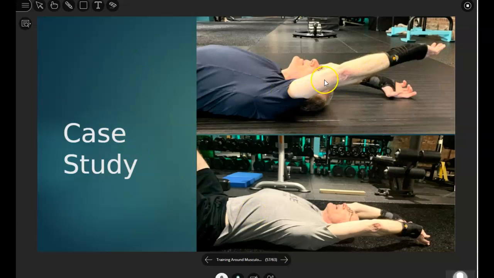So here would just be an example of somebody that I train, and he's just lying down on his back. And I just want to see how far he can get his hands over his head. So can you clearly see with this person? He does have a history of injury, but what can you see?